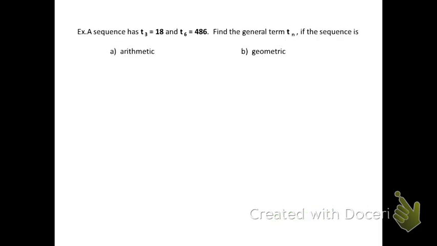Okay, for this next question, it says that we have a sequence where term 3 is 18 and term 6 is 486. We're being asked to find the general term for T subscript n if the sequence is both arithmetic or geometric. So we're being asked to do both. So if it's arithmetic, we know that we're going to use this formula.